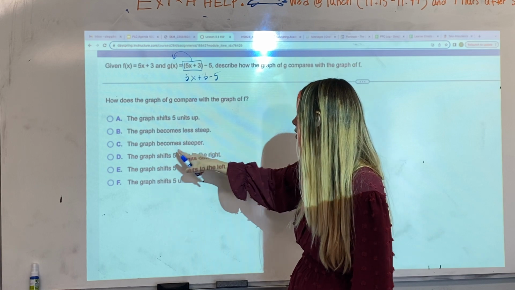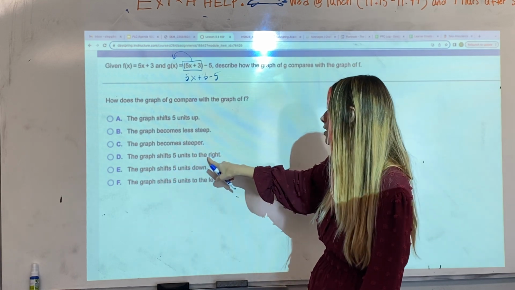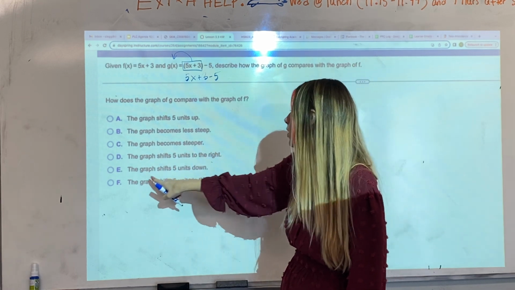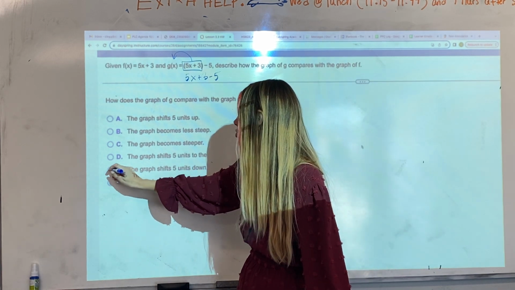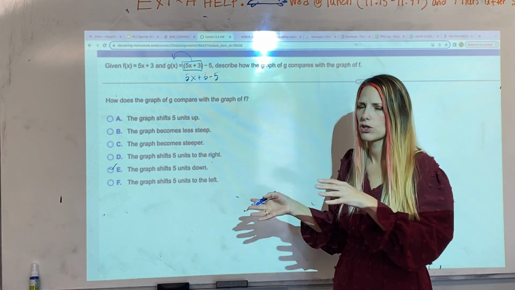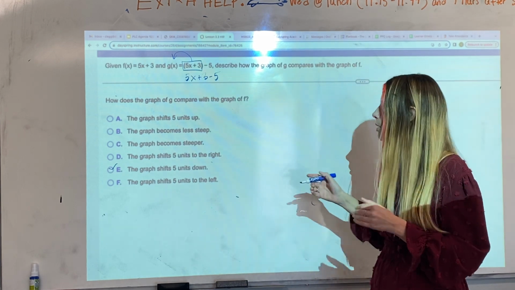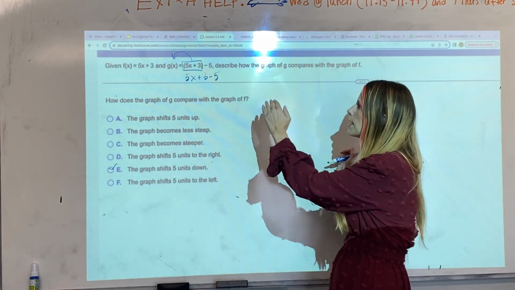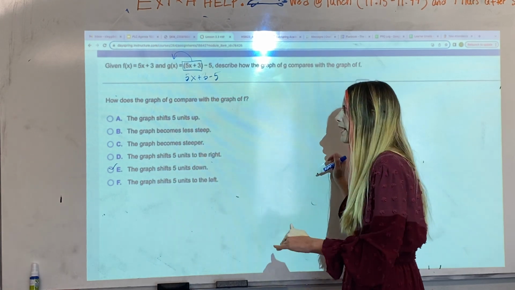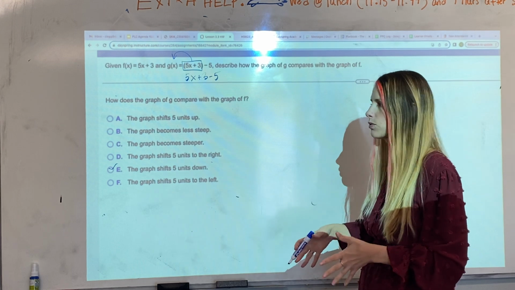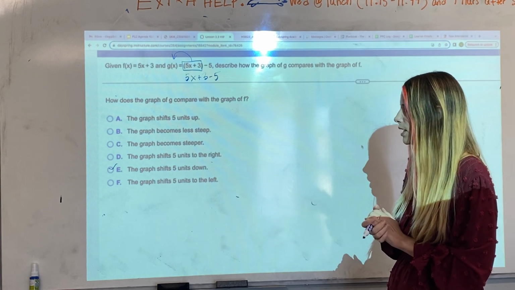The graph becomes steeper? No. The graph shifts 5 units to the right. No. The graph shifts 5 units down. Yes. So your correct answer choice might not be choice E, but if you are subtracting from the output, it is changing the y-intercept and moving it downward that many units.